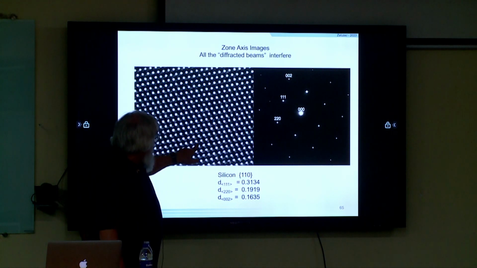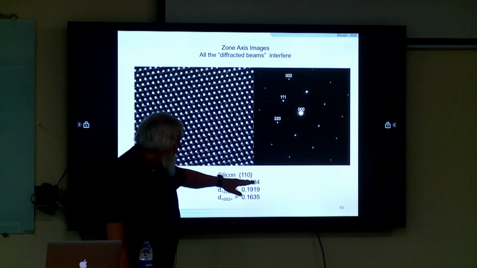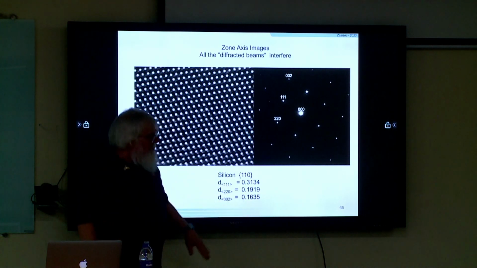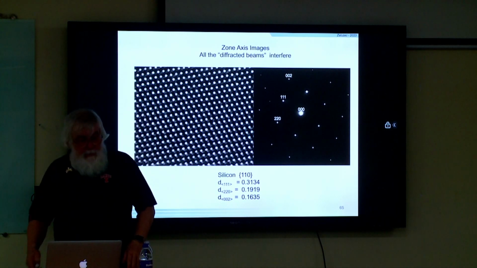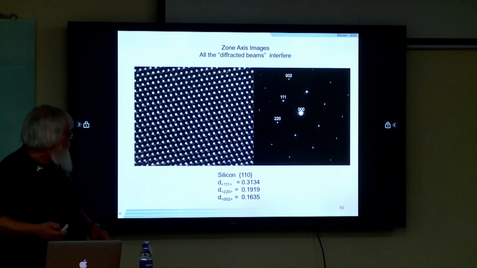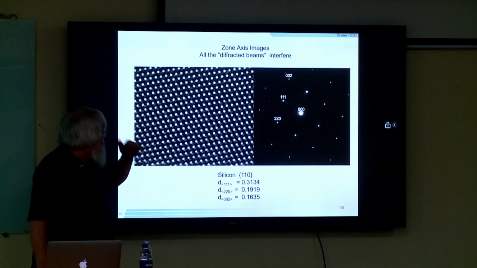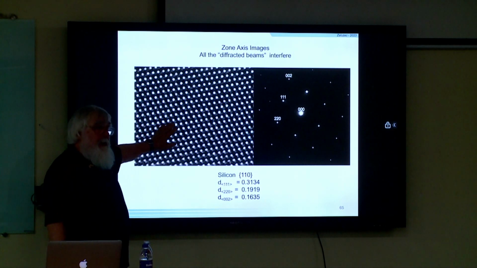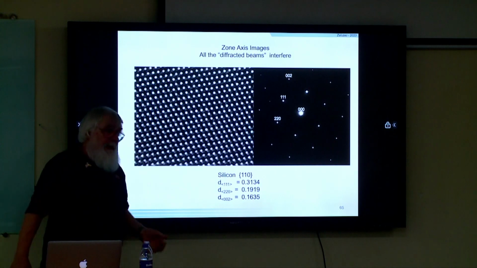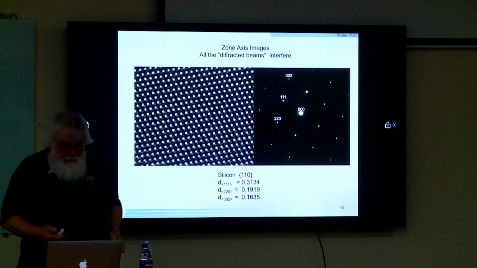So we can derive these interatomic spacings, and we go from 3 to 2 to roughly 1.5 angstroms. I showed you this image earlier when we talked about instruments, because once we have an image like this, we've calibrated, we know the spacing, we can calibrate the magnification of the instrument.